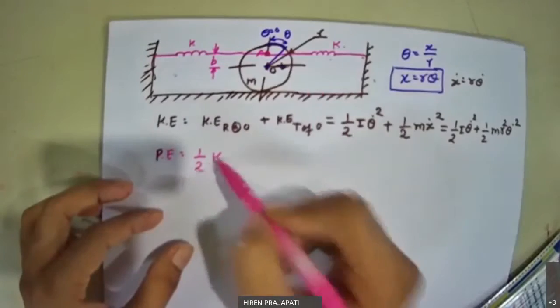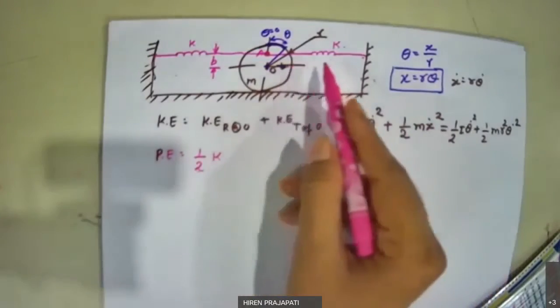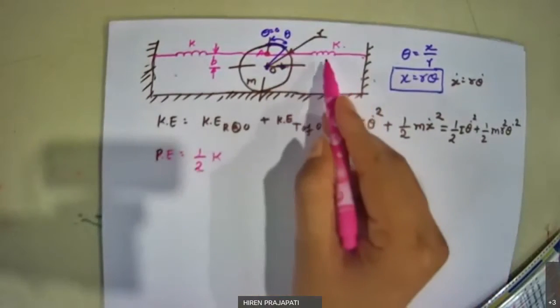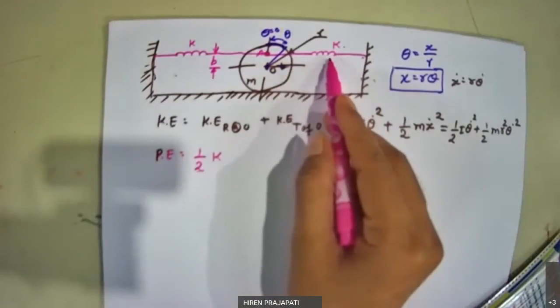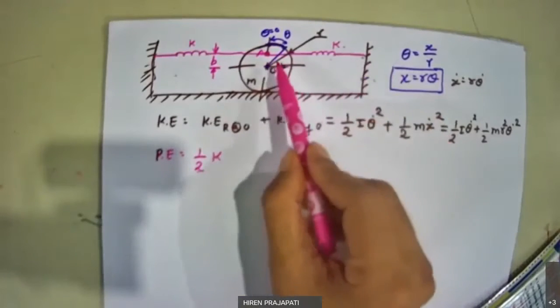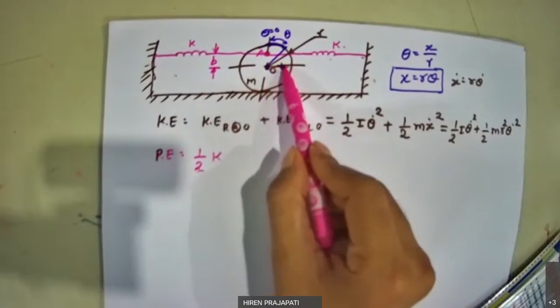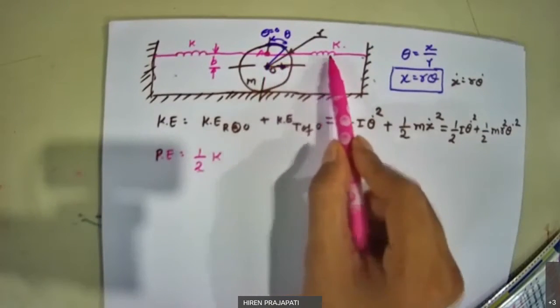So 1/2 K into displacement, meaning the deflection of this spring, square. Now if we move this center by distance x, then how much is the deflection of spring K?